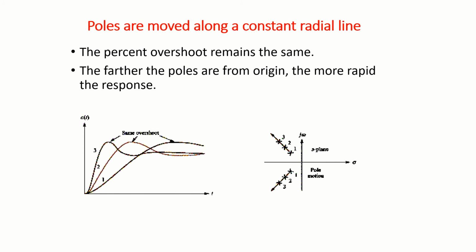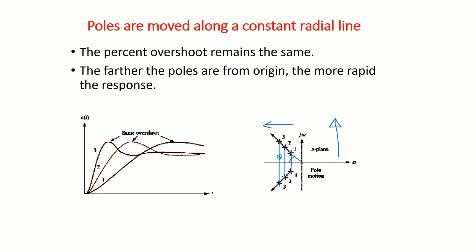Now what's happening here in this case? I think zeta is remaining constant. So omega n this way also is increasing, this way also it is increasing.